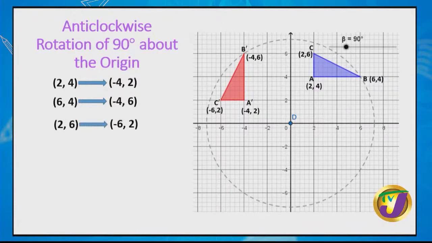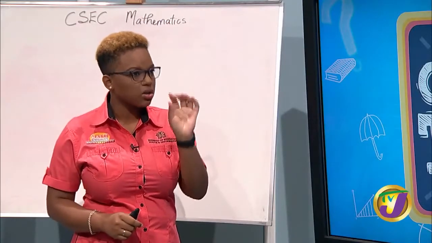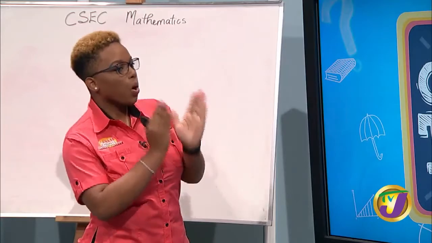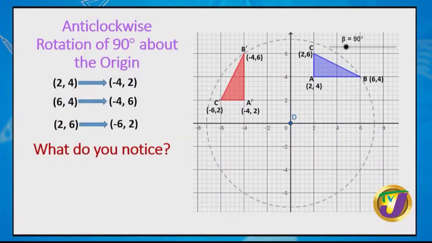So you know I'm going to ask you what you noticed about these coordinates. Tell me what's happening here. All right. So I realized that (2, 4), (-4, 2), the X and Y values would have interchanged for the image. So what you're saying is 2 was the X value in the object, and you're seeing that 2 being the Y value on the image. Yes.